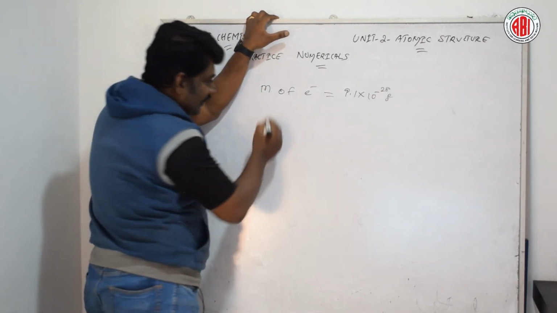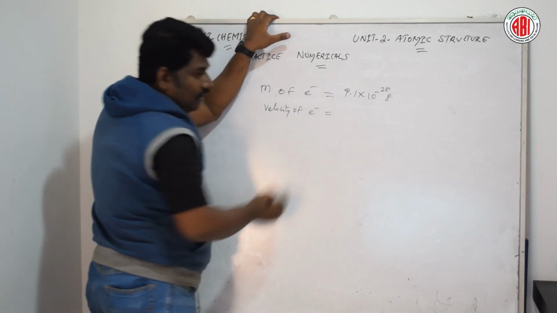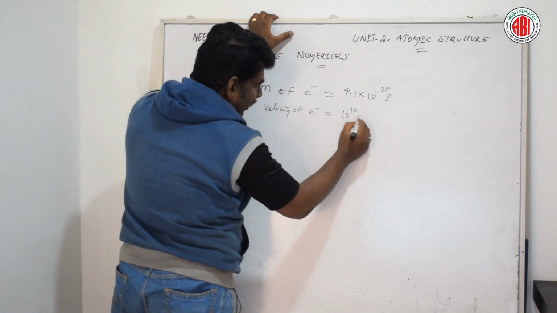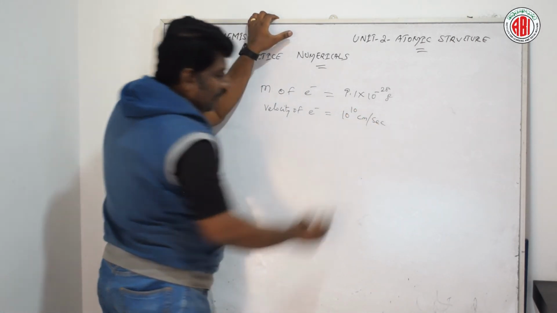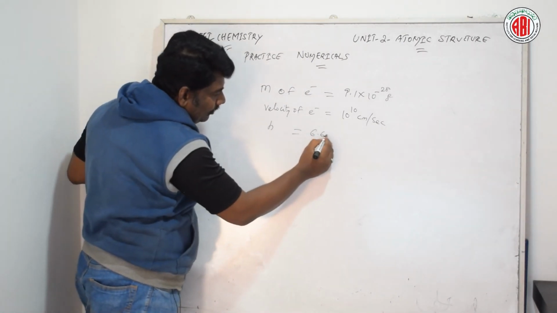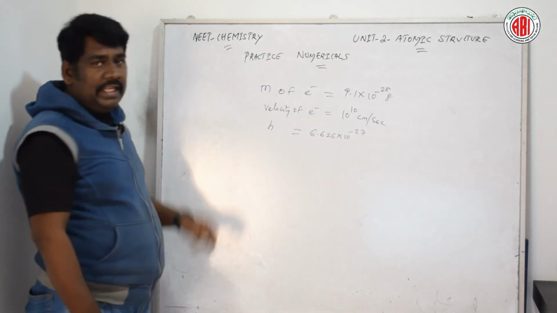Next, the velocity of the electron given in the question is 10 to the power of 10 centimeter per second. Planck's constant h is 6.626 into 10 to the power of minus 27 erg second.